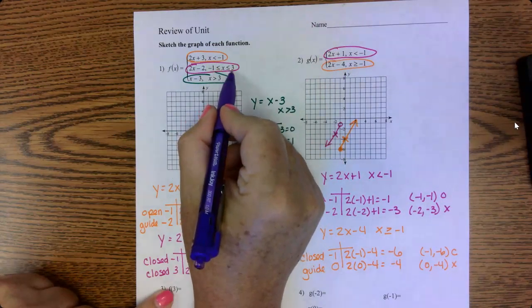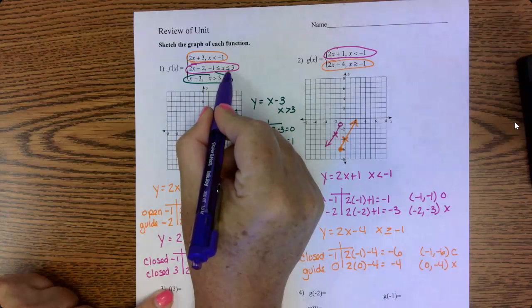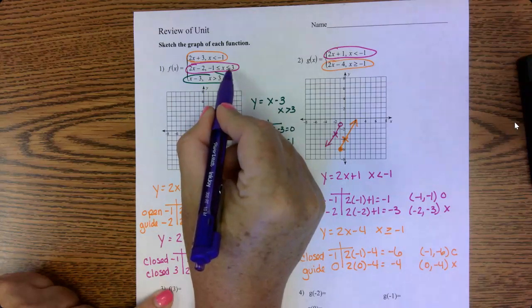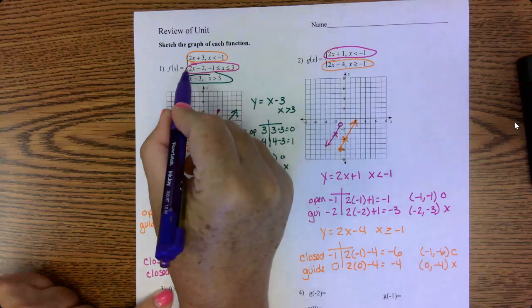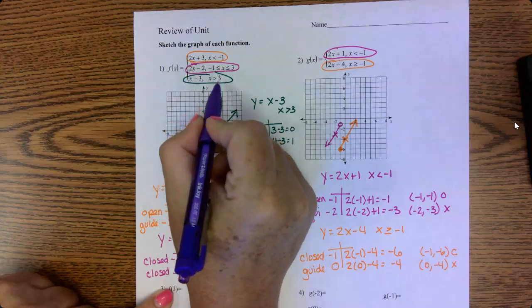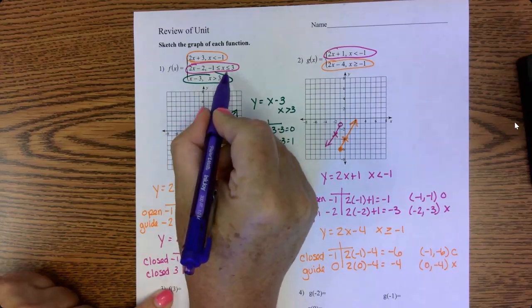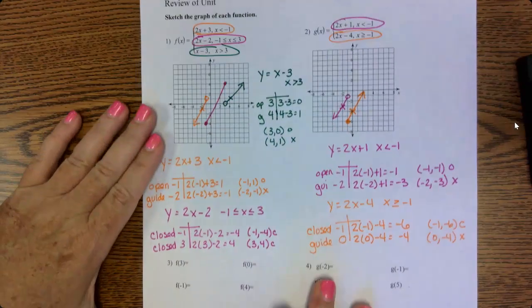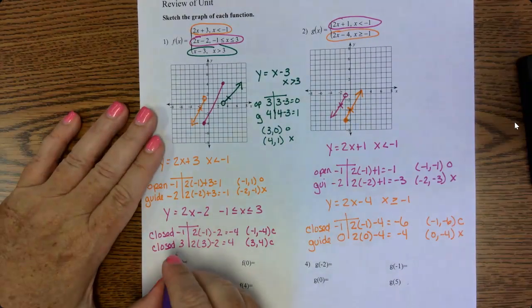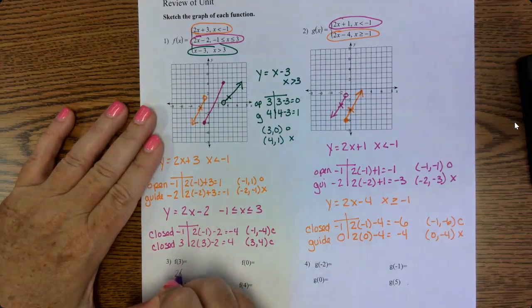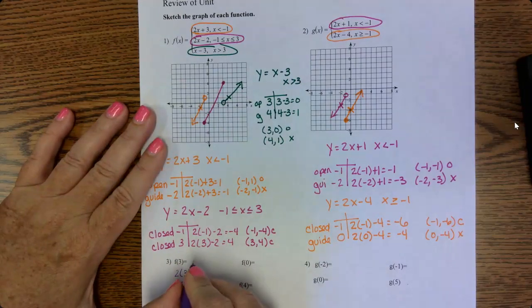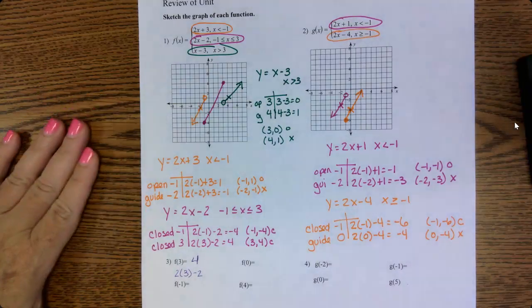Between negative 1 and 3, and notice this 3 is equal to 3. So this is the equation I'm going to use, because this one doesn't include 3. This one does. So that would be 2 times 3 minus 2, which is 4.